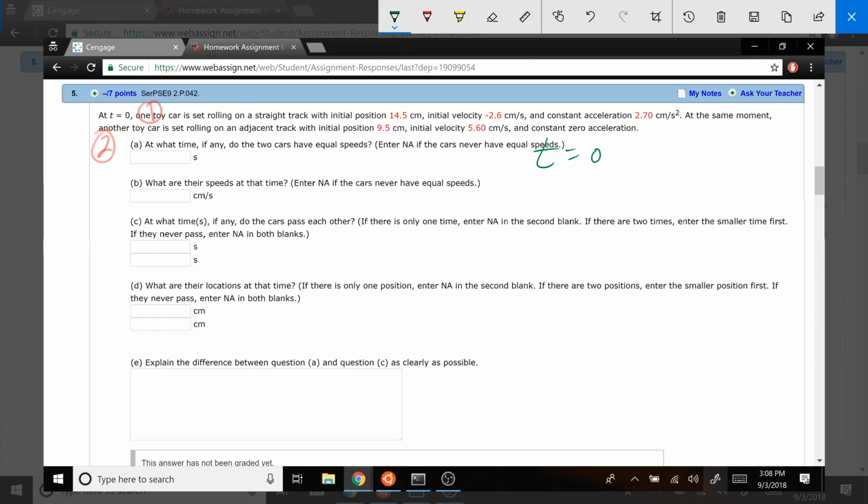But at time 0, initial position, that was for A, so I would say x1 naught, and then x2 naught. They're just car 1 and car 2.